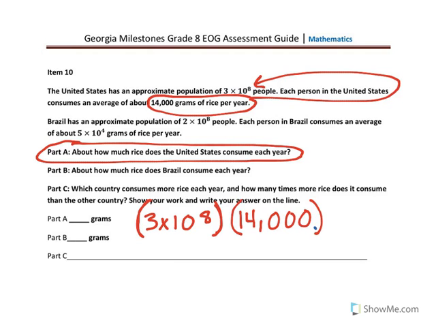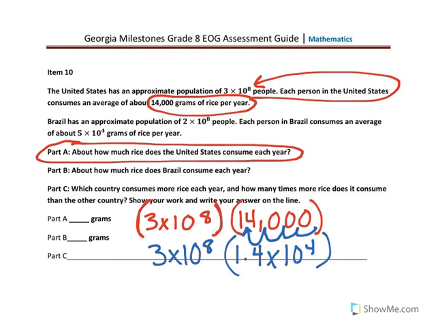To do that, we have to move the decimal place 1, 2, 3, 4 spaces and write 1.4 times 10 to the 4th power. And now we can multiply these two numbers together. When you multiply numbers in scientific notation, you are going to multiply the coefficient, 3 times 1.4, and then add the exponents.